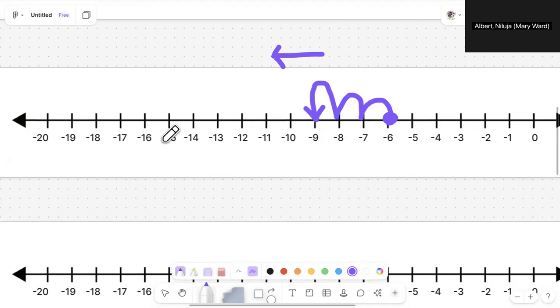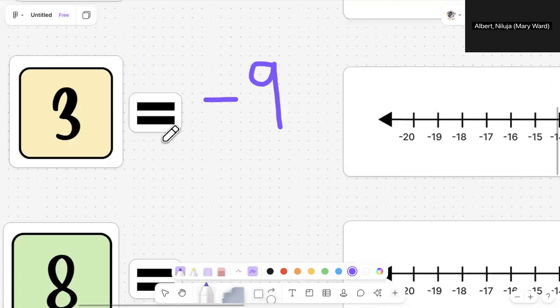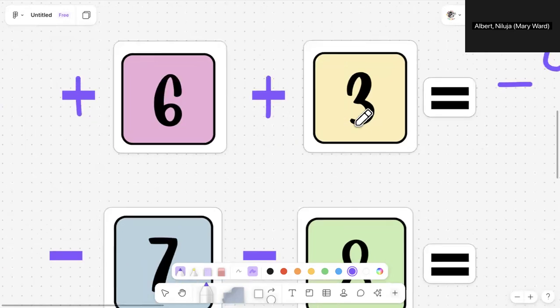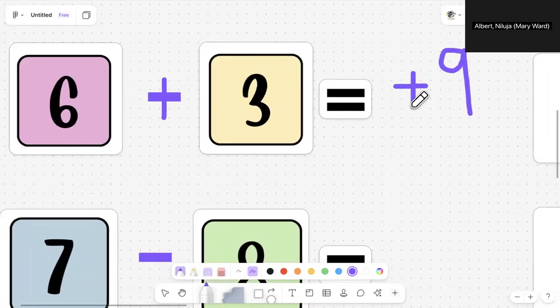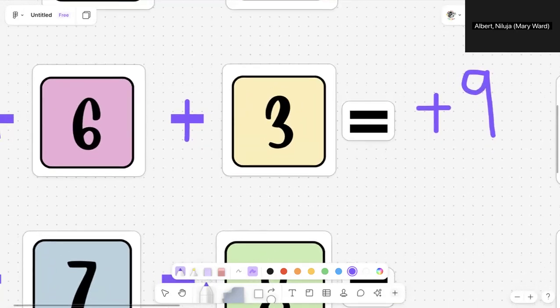Now, if I want to move from combining negative numbers to combining positive numbers, I have to change this to a +6 and combine that with a +3. And when we're adding positive numbers, we're going to get a +9 as our answer.